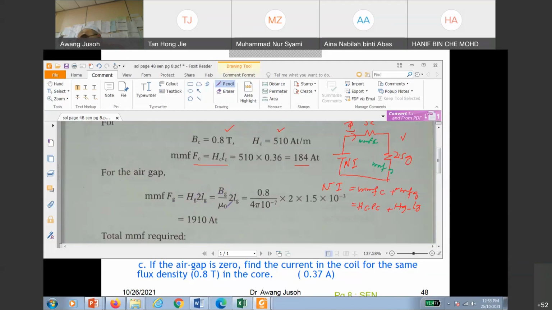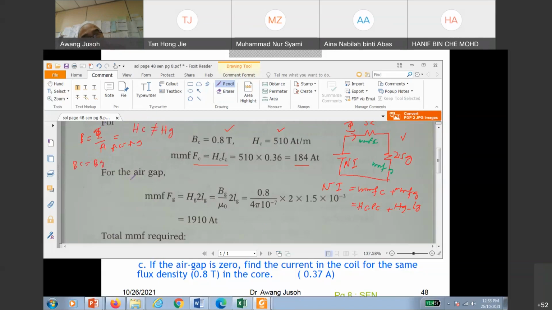We know that B at core equals B at air gap because B equals flux divided by A, right? So A core equals Ag. So don't worry. Flux is similar because this is a series circuit. So B core equals Bg. Yes, directly. B is equal but H is different. Remember, B is equal but H is different. H is totally different just now. So H core is not equal to Hg.